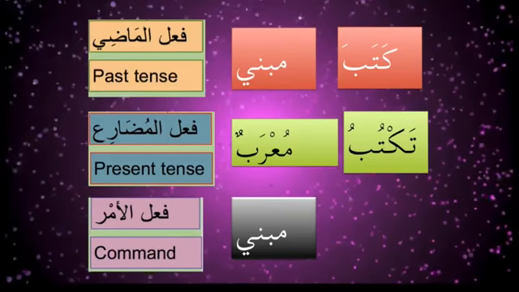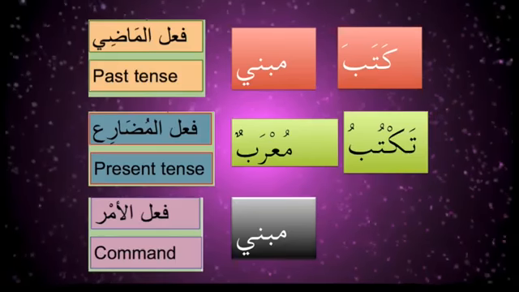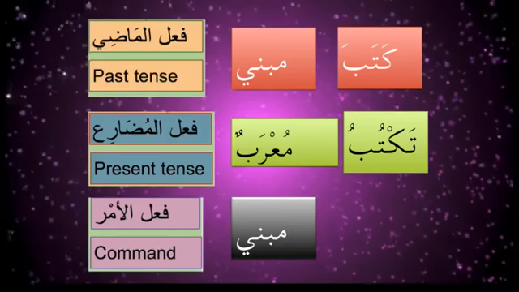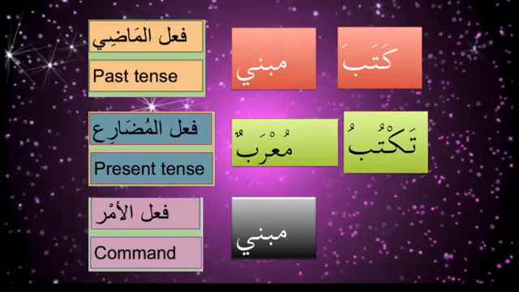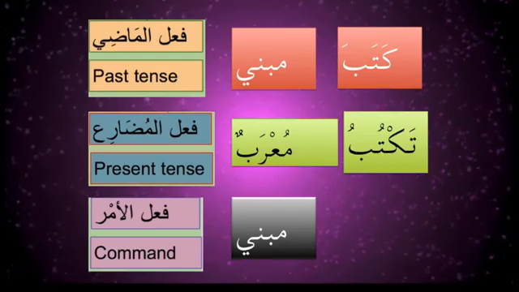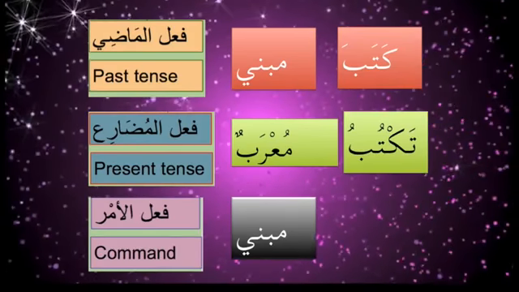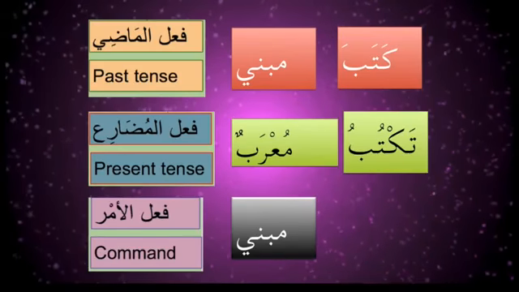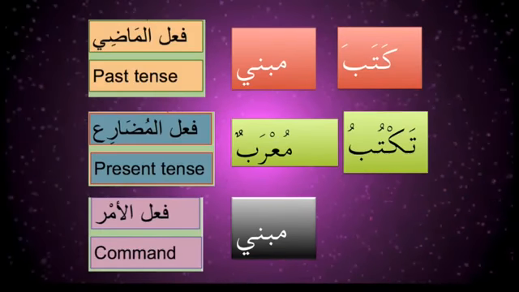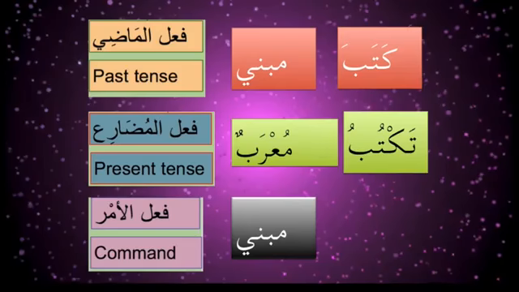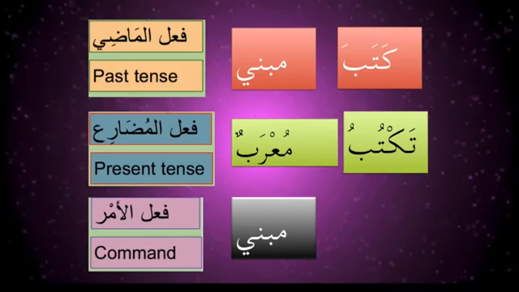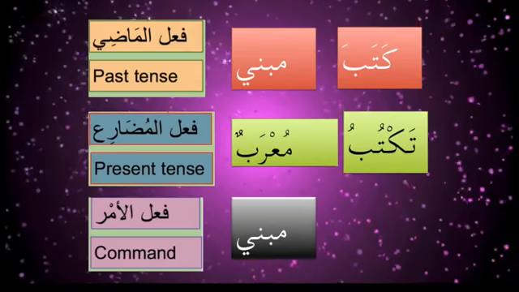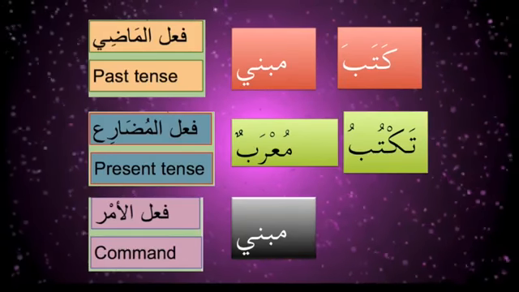So fi'l mudari', we know it has different moods. It has the harf rafa', the sign is dhamma when it is singular, and we know there is the nun group and a mabni group. The different forms are marfu', mansub and majzoom. In fi'l there is no majroor, but it is majzoom where it ends with the jazm. And we have fi'l amr, which is mabni.